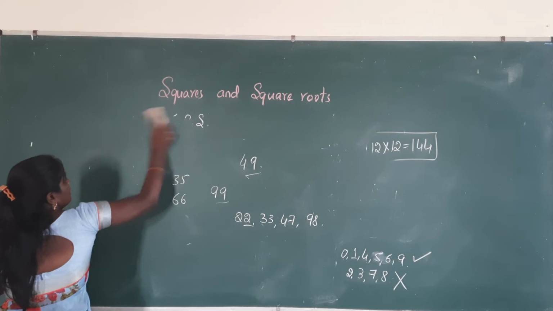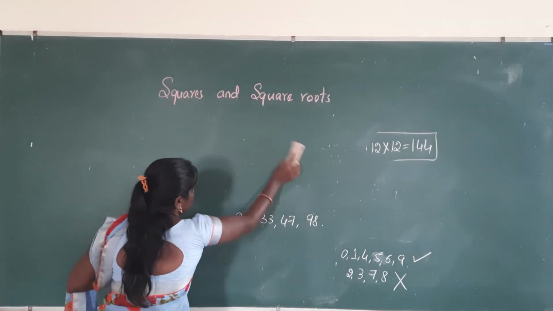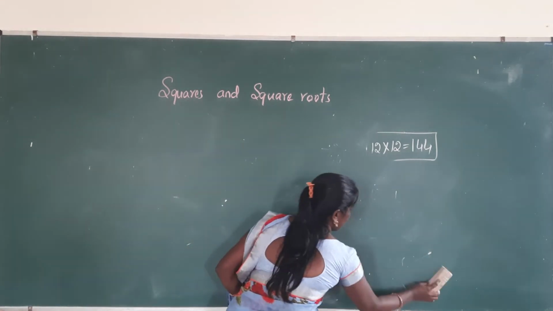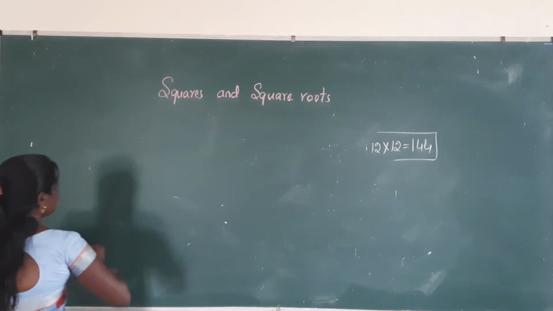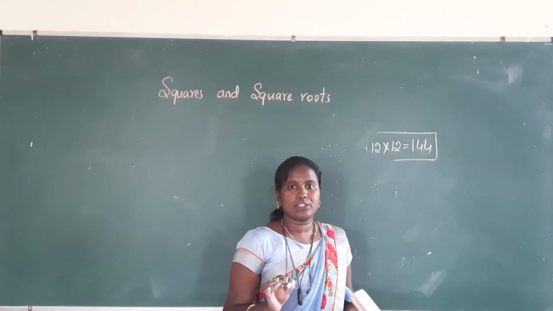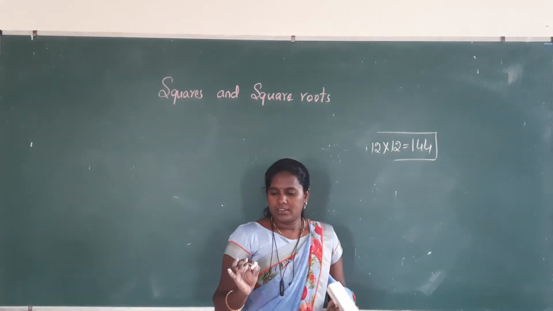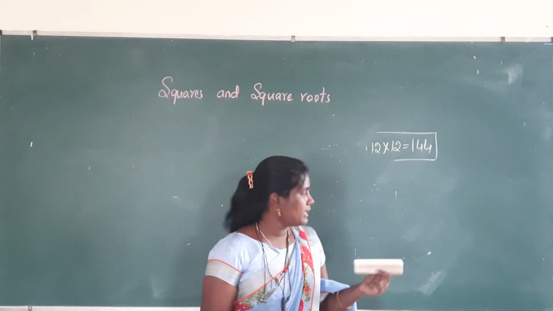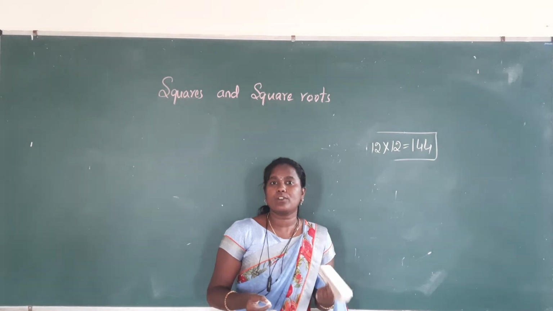Now, if questions are given like: by looking at the last digit of a number, say whether the given number is a perfect square or not.